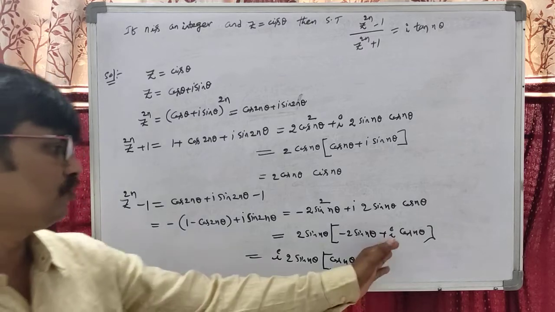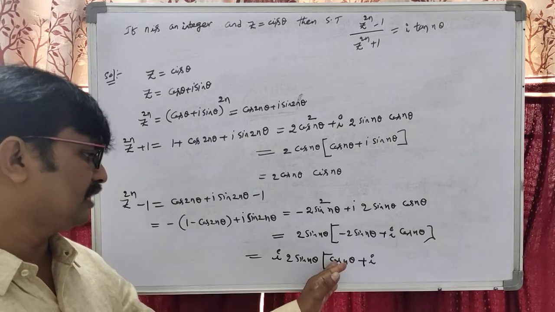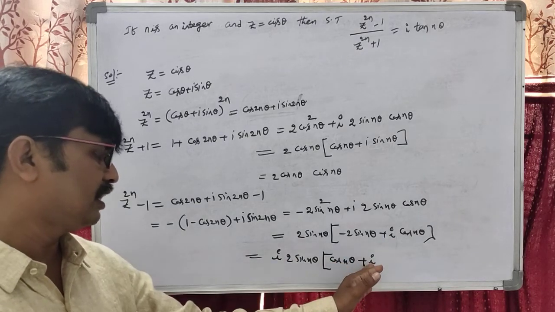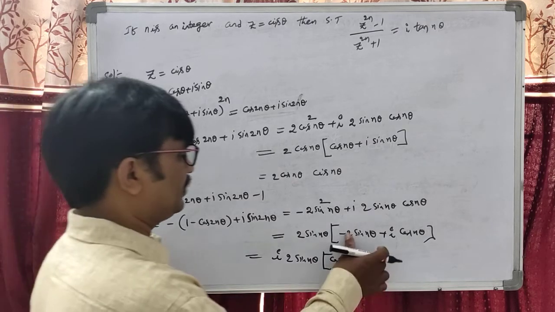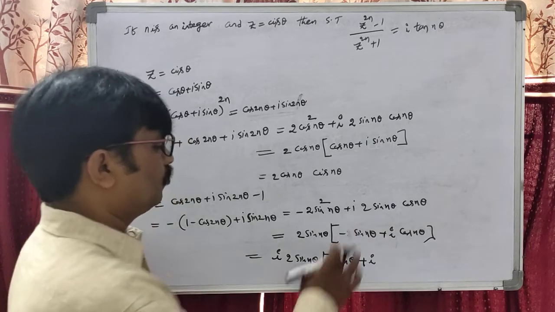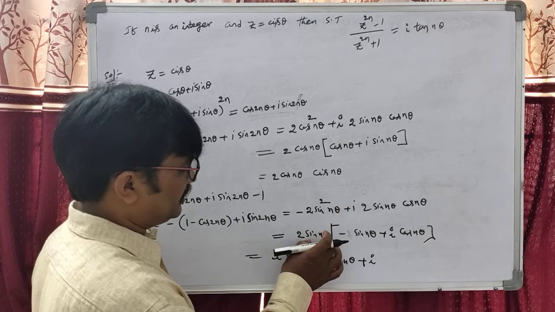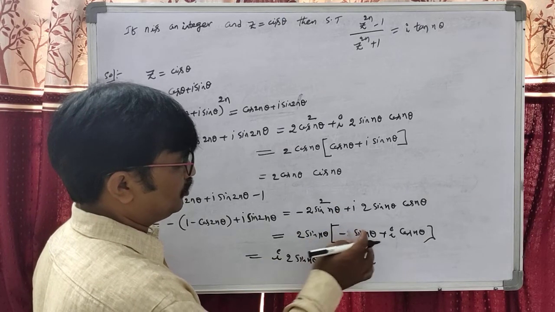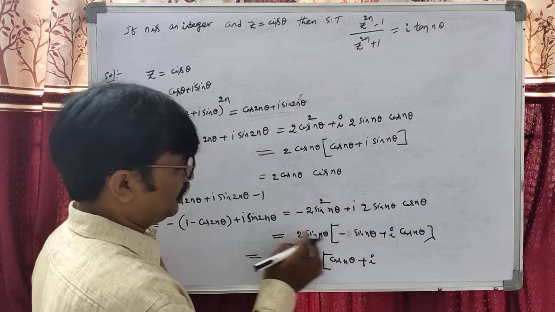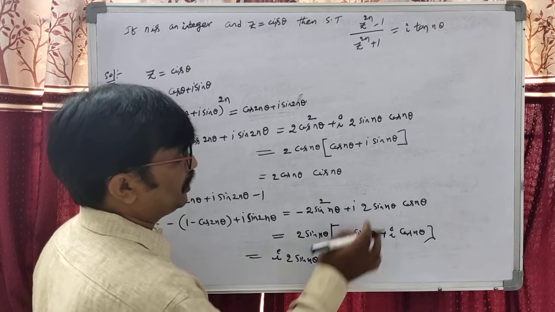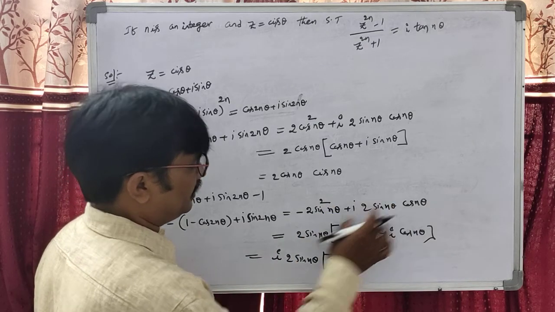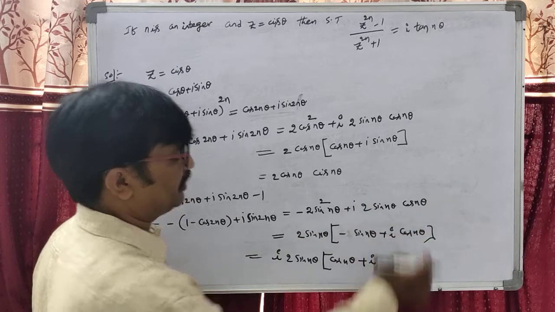Just taking I, that is cos n theta. I into I is I square, and I square is minus 1. Here 2 is also common, sin n theta is common, sin into sin is sin square. After that we take 2 sin n theta common, I cos n theta.